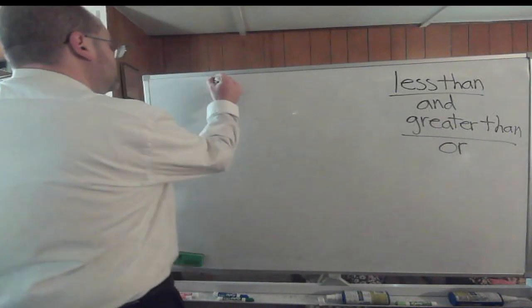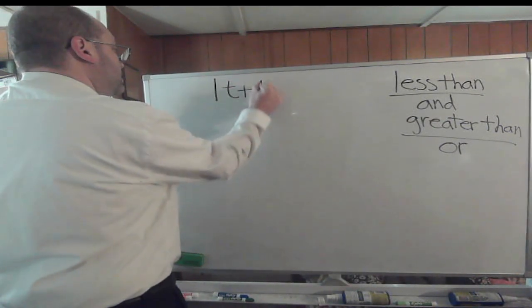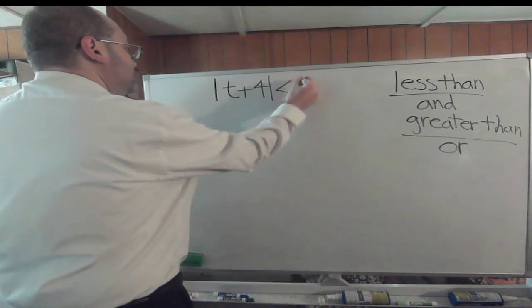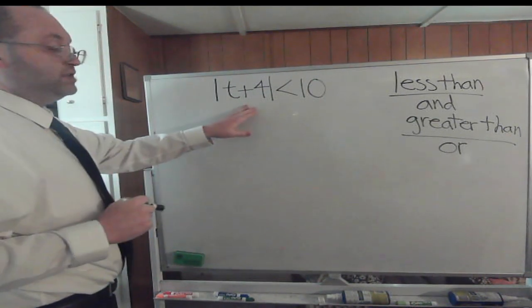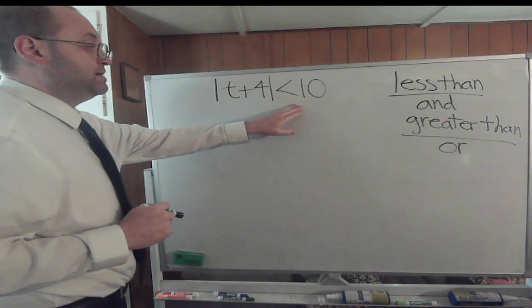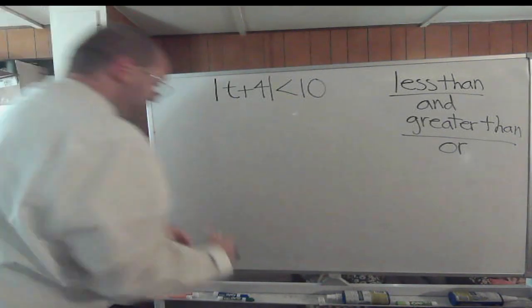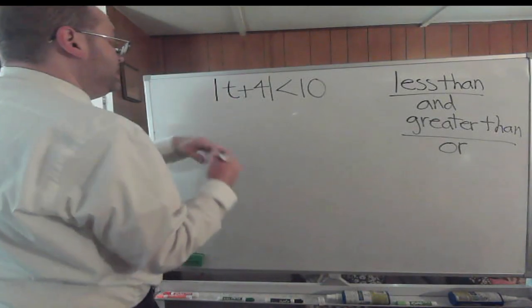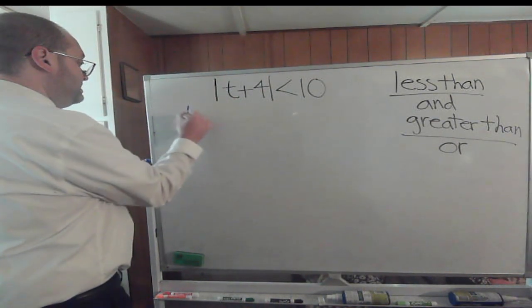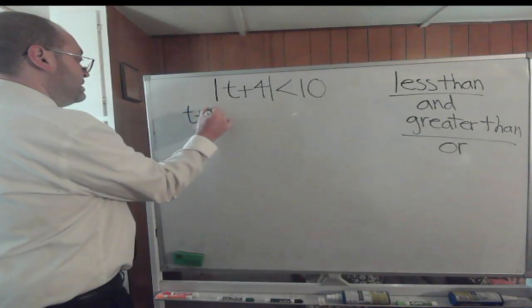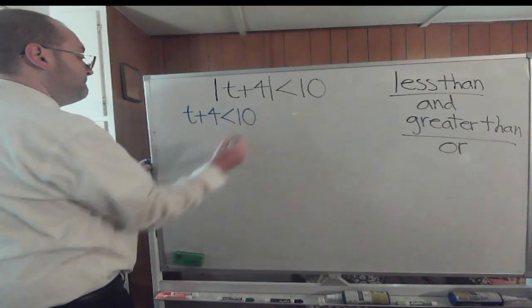All right. Absolute value of t plus 4 is less than 10. So we have the absolute value of t plus 4 is less than 10. Well, again, you're going to take what's inside the absolute value, which would be simply t plus 4. You're going to keep your inequality sign of less than 10.